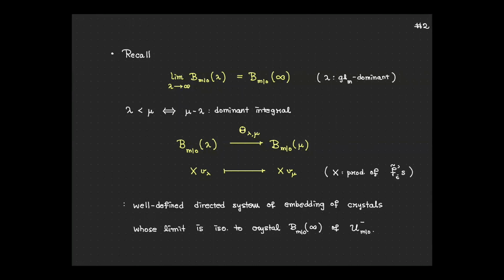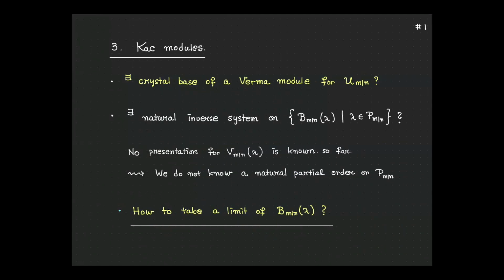Okay. So we want to do the same thing, but the problem is that there is no natural partial order on the set of (m|n)-hook partitions which parameterize the highest weights of our polynomial representations.